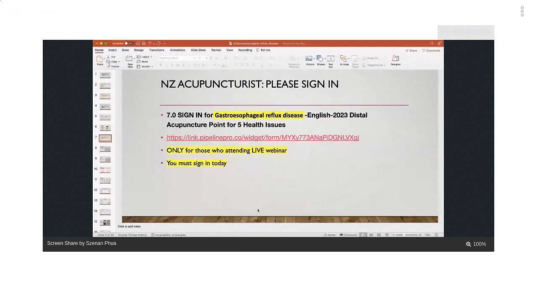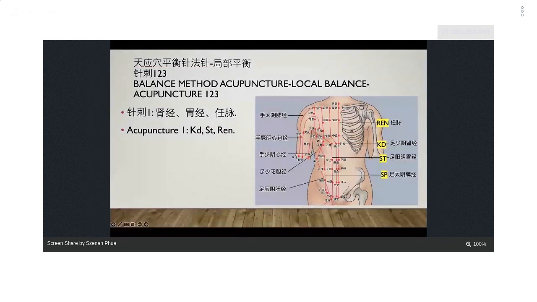Now, let's go for acupuncture 1, 2, 3. So acupuncture 1 basically is making a diagnosis. Now, you see, in this chapter, I only make the diagnosis based on meridian. I don't make any diagnosis based on organs. So acupuncture 1, where is the discomfort for most of what we discuss, the symptoms?